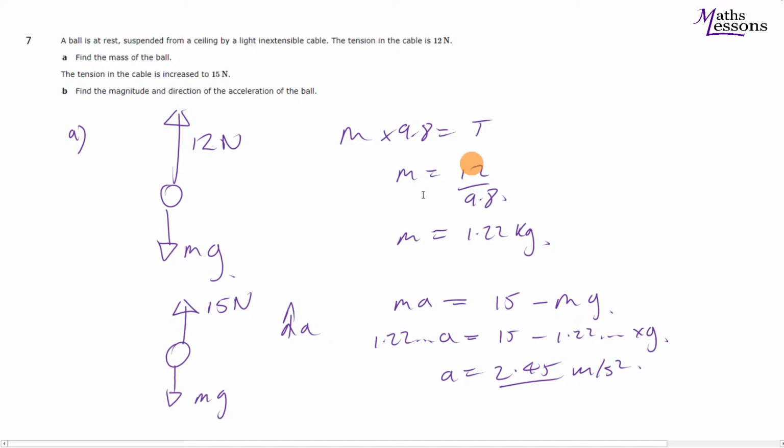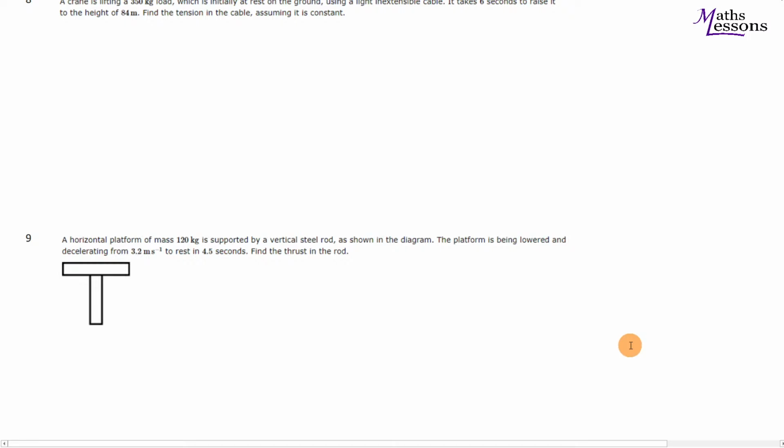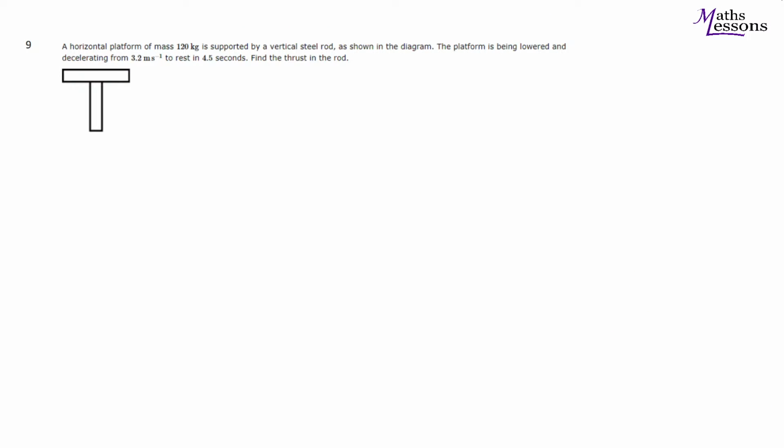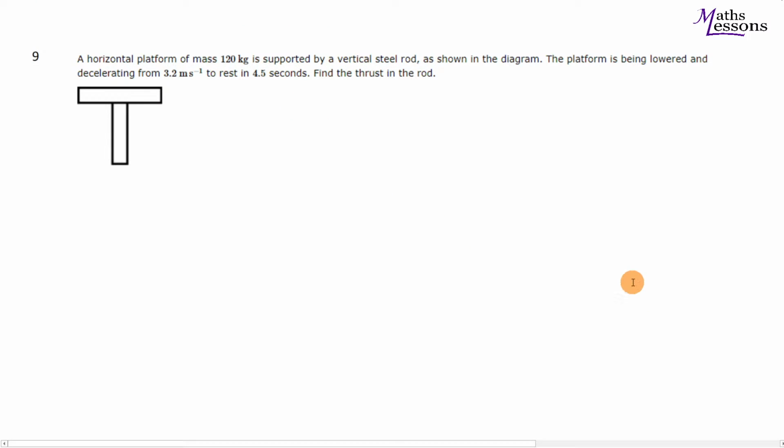Right, moving on, we're going to have a look at this question, question 9. I'm just going to try to give more space and probably zoom in a little bit on that. I'm going to give you just 3 minutes to have a look at this. You can do it in less, but you're probably going to have to think about it a little bit more.